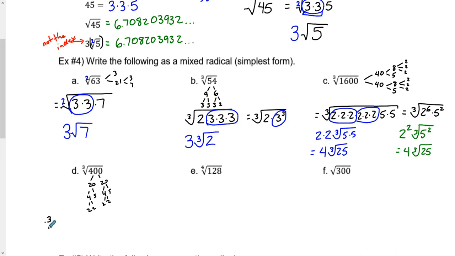What we're actually doing is we're finding out the cube root of 2 times 2 times 2 times 2 times 5 times 5.